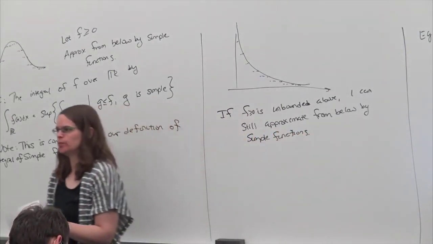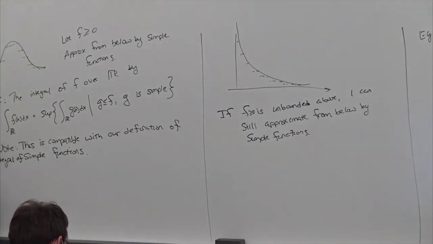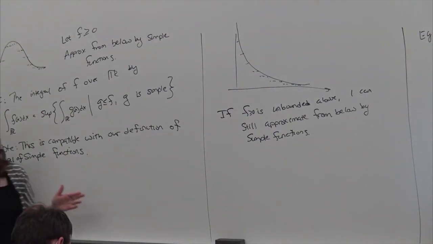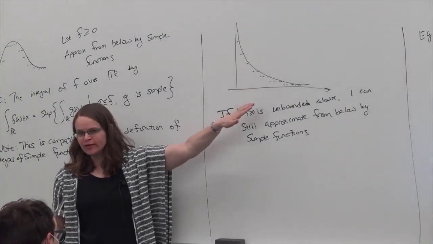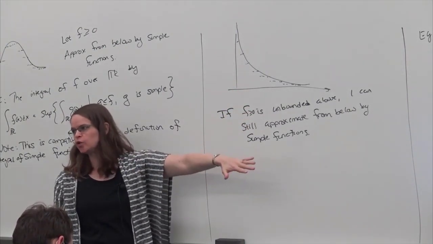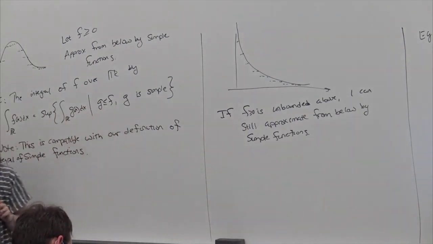It's a lot more delicate to approximate something from below if that something is actually unbounded below. So this is really the reason that I said f is greater than or equal to 0. It doesn't even matter so much that it's greater than or equal to 0. I give it some kind of lower bound so that I know that there's always somewhere where I can stick a simple function below it easily.